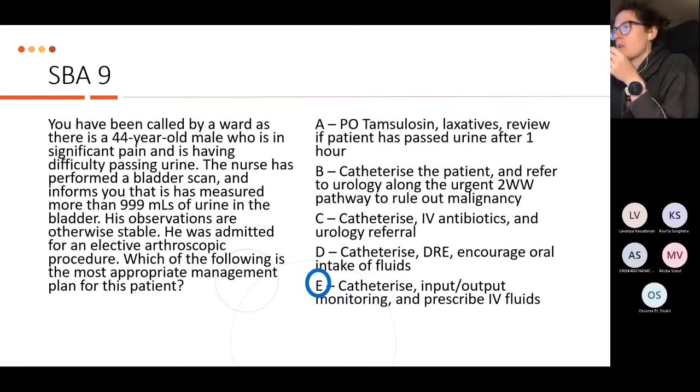And really then the question is, what investigations do we need to do? What might we also need to do, as well as catheterize, at the time or in the future? The main point of this question is that the volume, the fact that there's 999 plus mils, means this patient has really gone into retention. The risk is that when you catheterize, there's a huge fluid shift.